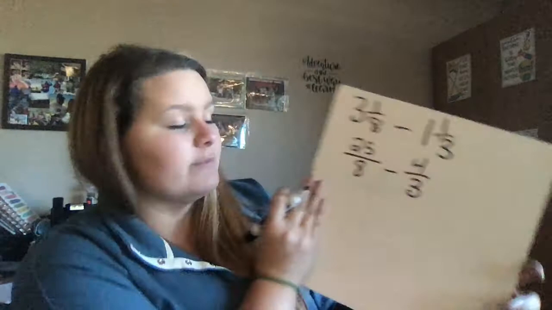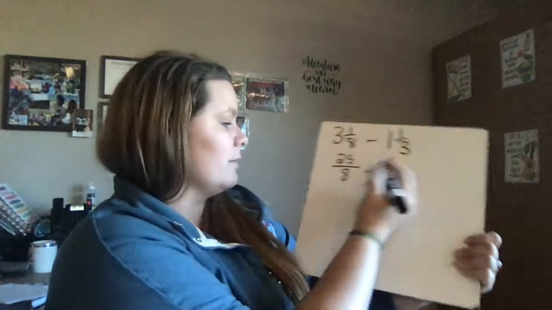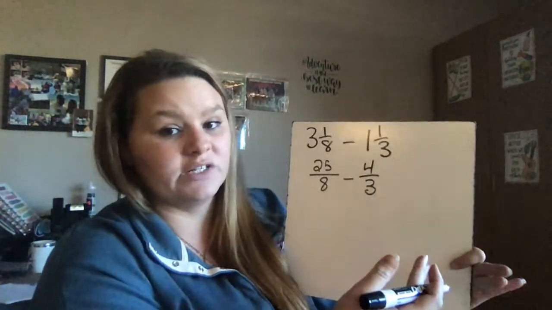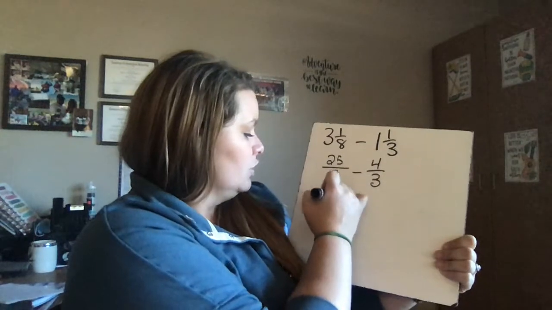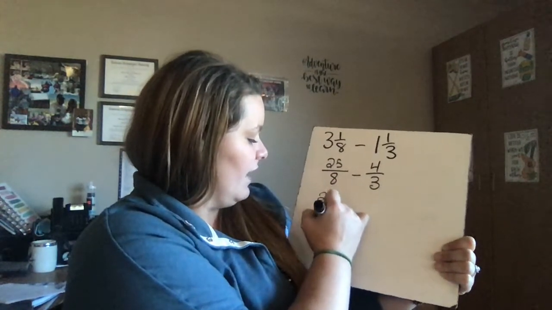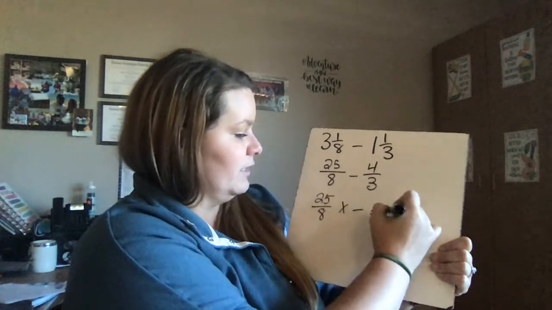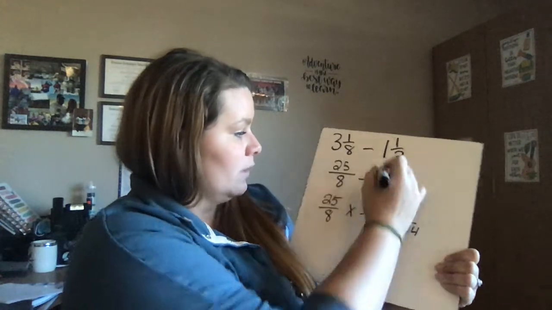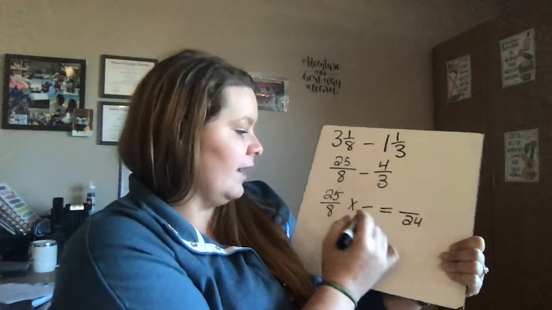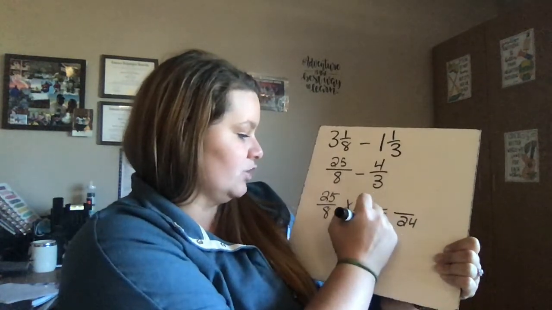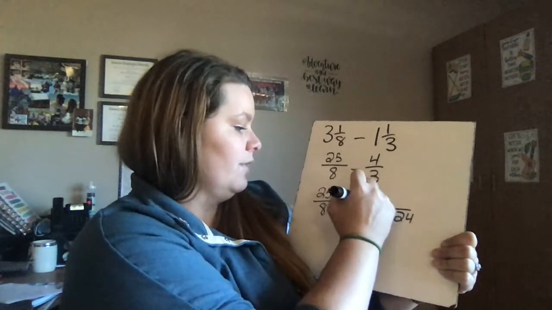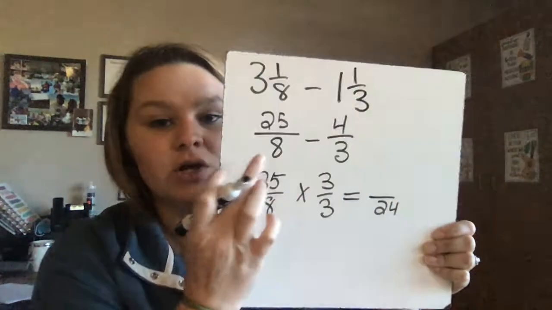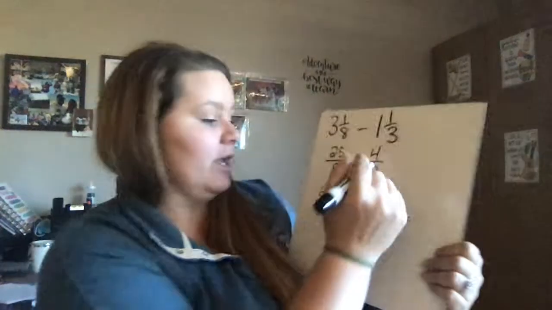Now we need to make them have the same denominator. And just like before, the least common denominator is going to be 24. So we change 25/8 times something gives me a denominator of 24. So 8 times what is 24? Well, 8 times 3 is 24. Then we must do it to the top. 25 times 3 is 75.